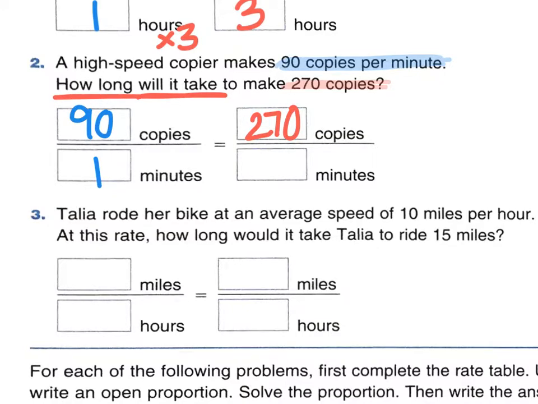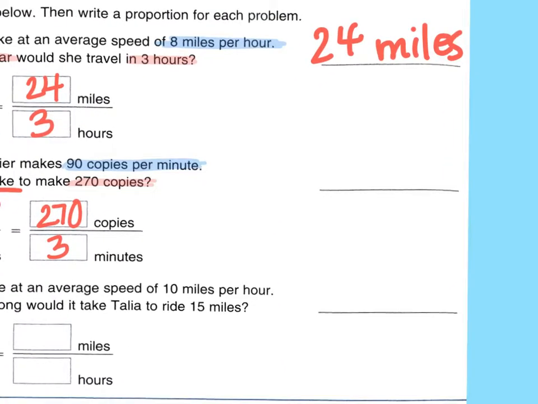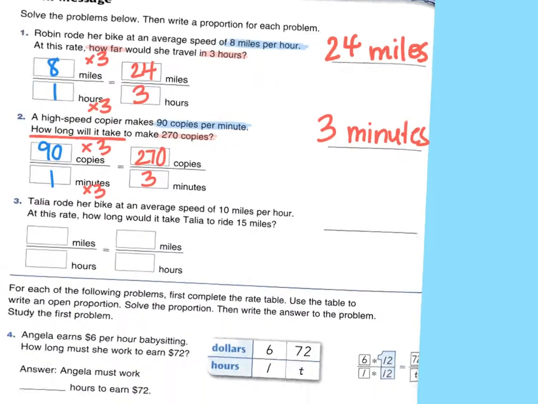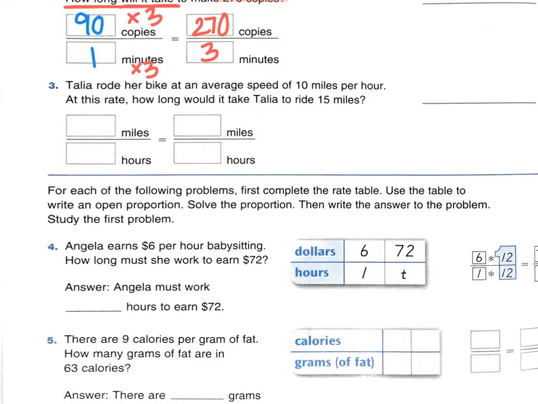So again, we need to look at the relationship here. And we can see pretty easily that 90 times 3 would get us to 270. So we just need to do 1 times 3 to get us to our number of minutes, which would be 3 minutes. And again, making sure that when you write your answer, you are labeling 3 minutes.